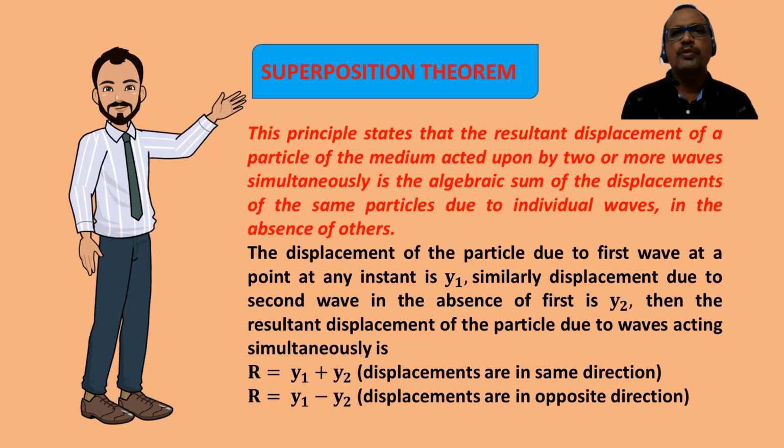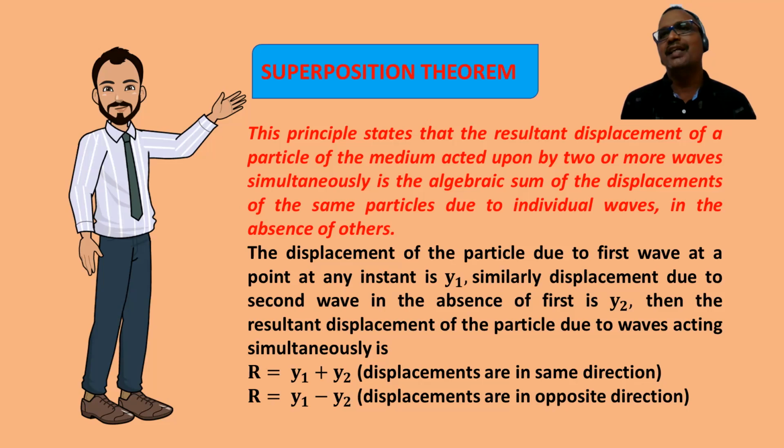Then the principle of superposition states that if more than one wave, that is two or more waves, are traveling through a medium, then each and every particle is displaced by these waves. Then what is the resultant displacement of a particular particle due to these waves?